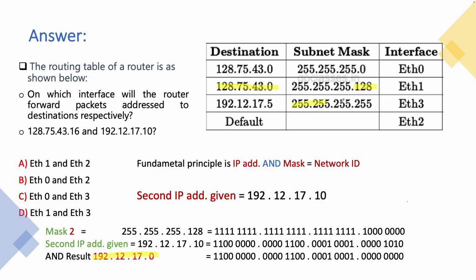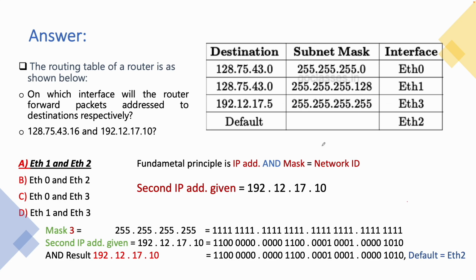So we will go to the third mask. The third mask is 255.255.255.255, all 255. When you convert these numbers into binary and do the AND operation between each individual bit, you will get 192.12.17.10, but here also the answer is not matching. Why?